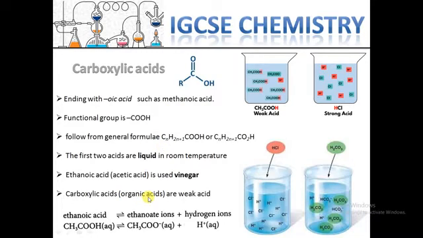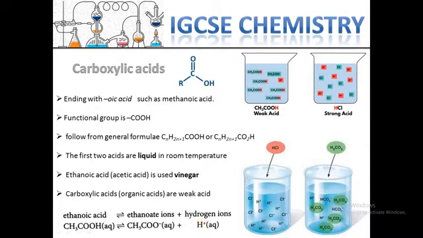We learned before about metallic acid. An acid is a compound which produces hydrogen ions.